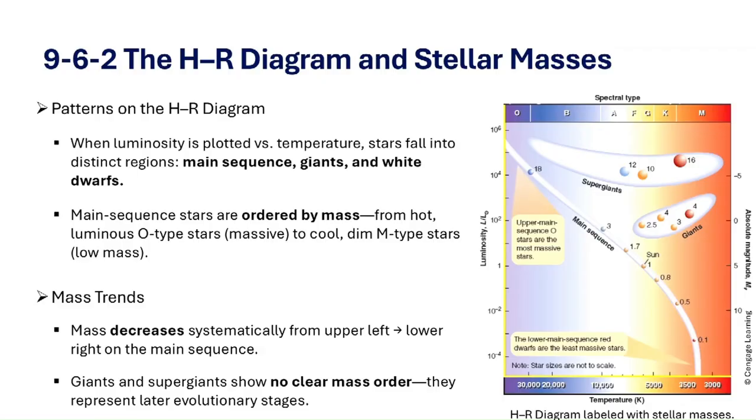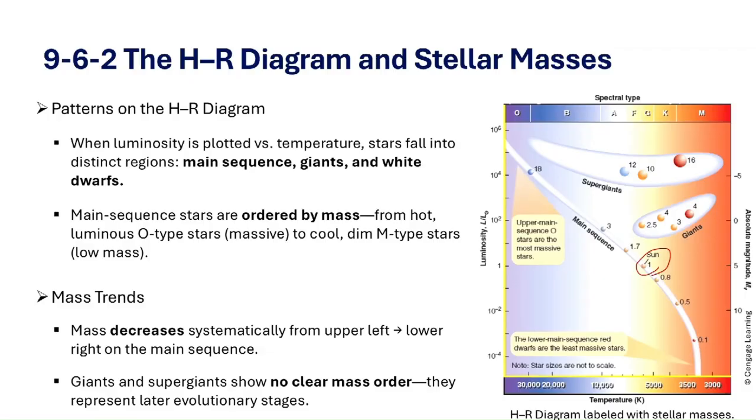Now let's look at the HR diagram again. It's labeled with stellar masses. The horizontal axis shows temperature decreasing from left to right, while the vertical axis shows luminosity increasing upward. And spectral types are labeled along the top from O to M. Next, the main sequence stars run diagonally from the upper left to the lower right. Notice the Sun in the middle as a G-type star with one solar mass.